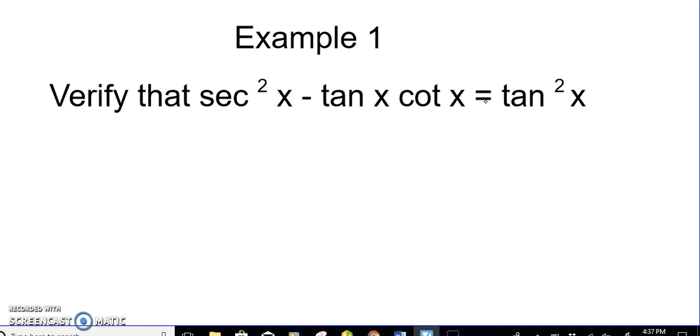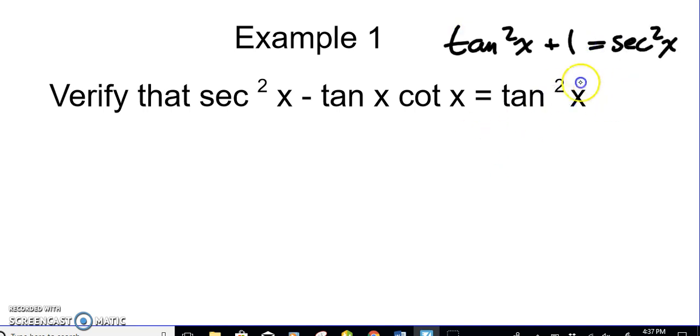Do you know that Pythagorean identity? Everybody should know that tan squared x plus 1 equals secant squared x. So we have secant, and we have a tan that we need. So maybe we should use that at some point to work it out.